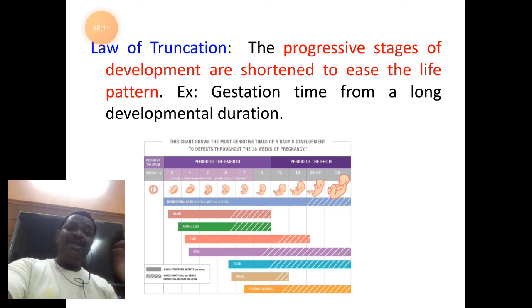So a completely developed fetus you find at the end of the 9th month of the developing stages of human beings. So the gestation period will not extend to a year or 2 or 3 years, etc. Why? Because the shortening of gestation time will help the organism to ease their life pattern. So that's the importance of the law of truncation.